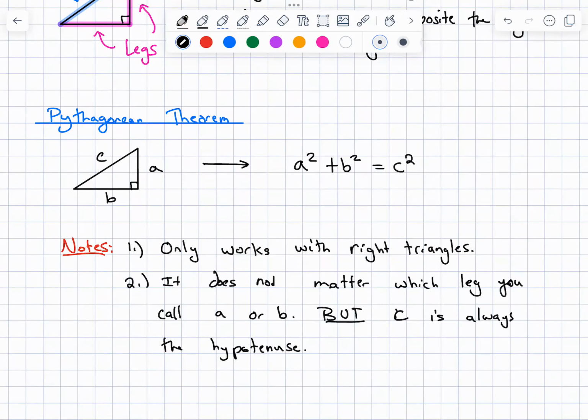So when you're setting up these equations, C is always by itself. The hypotenuse is always by itself. But for the legs, it doesn't matter which one you label A and B. I could have just as easily made the vertical line B and the horizontal line A. It does not matter, and that's because of the commutativity of addition. A squared plus B squared is the same thing as B squared plus A squared, so it doesn't matter which one you put first.